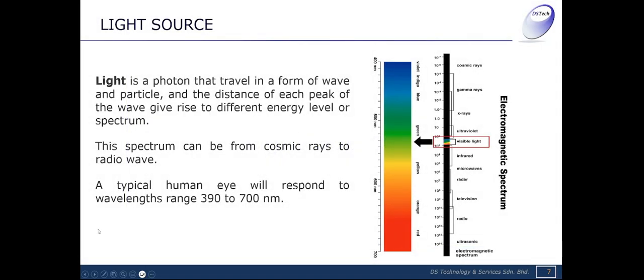When we talk about spectroscopy, we first want to talk about the light source. As you know, light is a photon traveling as a particle or a wave. For our eyes, we have visible light, around 390 to 700 nanometers, which is what we humans can see.